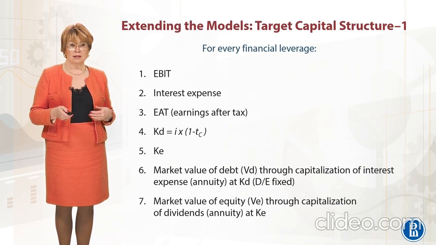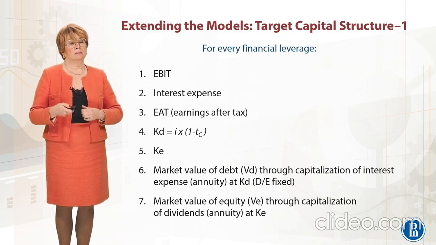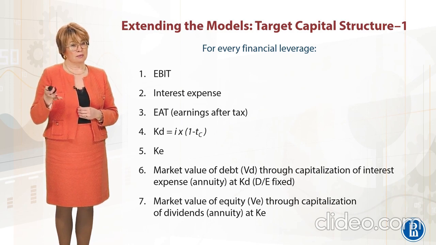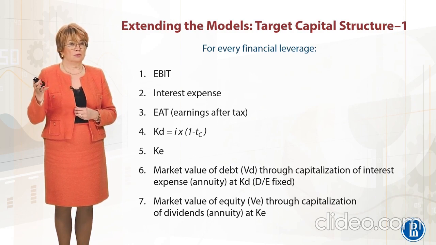So we can extend that simple model. It's not a big deal, but it's some step forward to get the answer to the question about the target capital structure of some particular company. We can also introduce several steps.